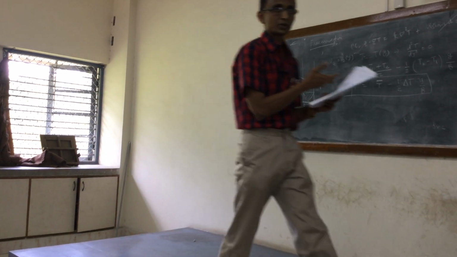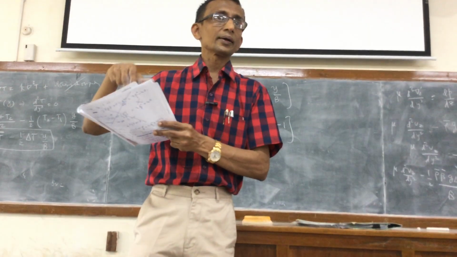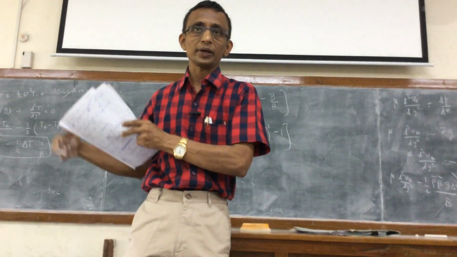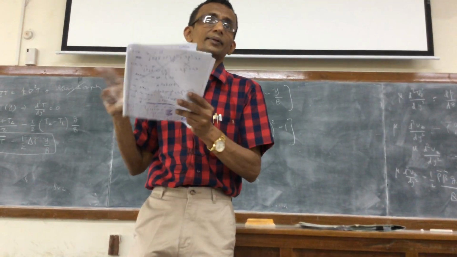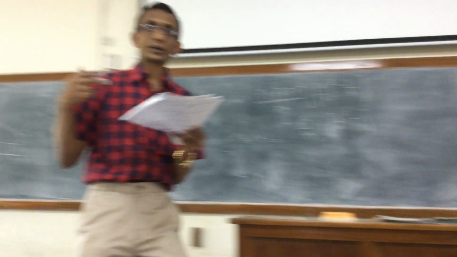Part of the cross-section fluid is flowing in the positive z direction, and the other part is flowing in the negative z direction. So he says roughly take the net flow to be 0. This is again an approximate condition.